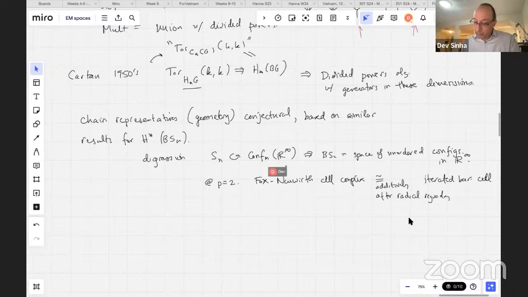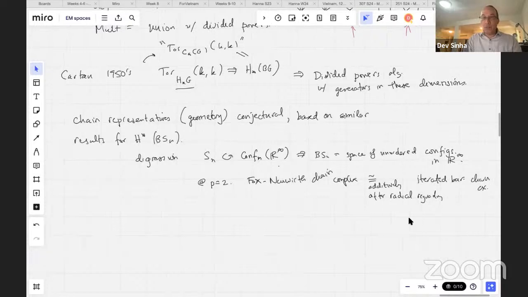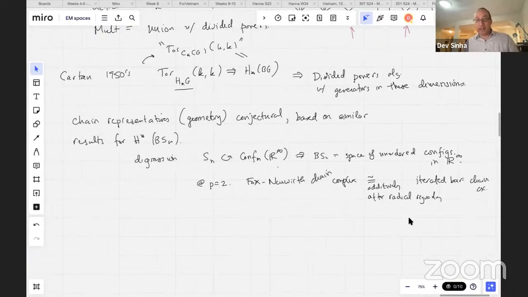Let me be clear, I meant the chain complex. So that's a remarkable fact, kind of a little known fact, that there's this additive isomorphism from the cohomology of symmetric groups, which has to do with Dyer-Lashof operations, to the homology of the iterated bar complex, which also has to do with Steenrod operations. Those are known to be related in other ways, but in this case, kind of a remarkable duality.